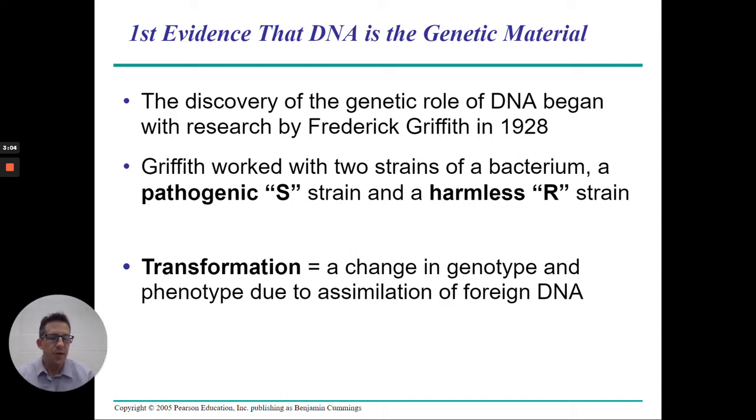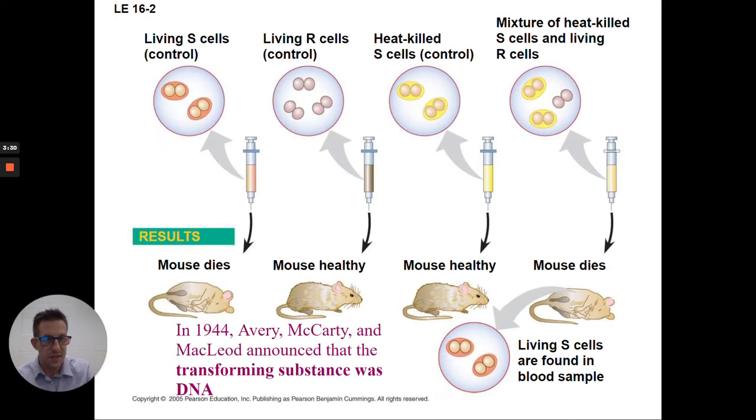So the term transformation means a change in genotype and oftentimes phenotype due to assimilation of foreign DNA, and bacteria do this a lot. And so this was how he was able to understand that there was something in these bacteria cells that was being transferred from one cell to the next, and then as a result caused disease.